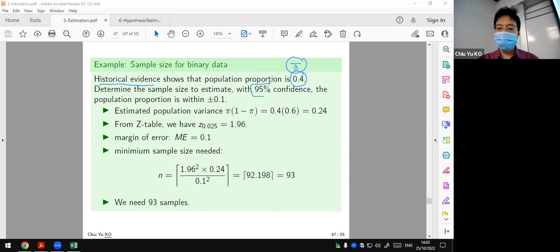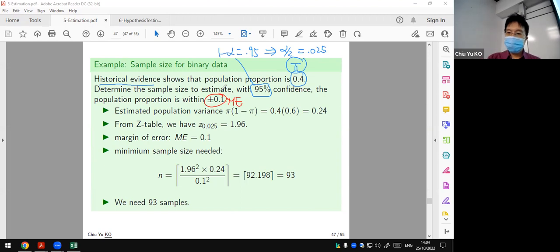So we want 1 minus alpha to be 0.95. That means alpha over 2 is 0.025. And we want the margin of error, the ME, to be 0.01. That's the question being given to you. The question is asking for the sample size.